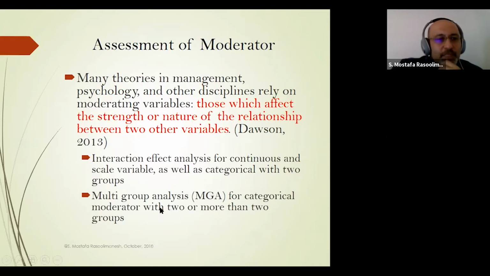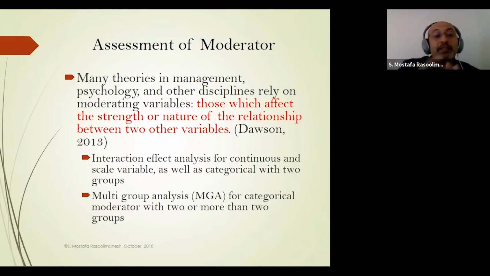Another way is multi-group analysis: dividing our data set into two groups, analyzing our framework, our model, based on these two groups, and comparing the beta coefficients for these two groups. So these are two ways for assessment of moderator.